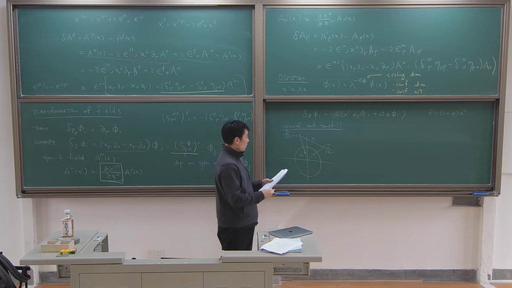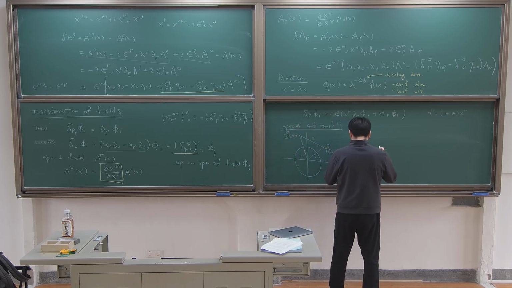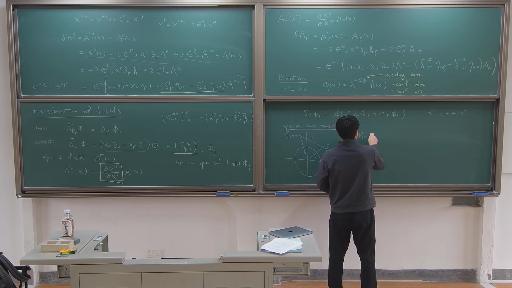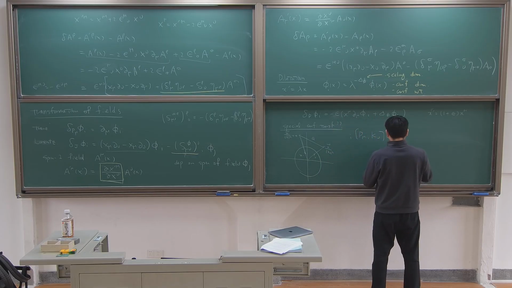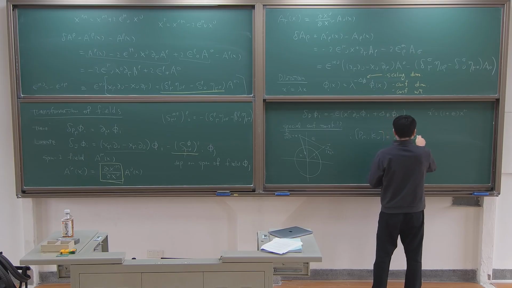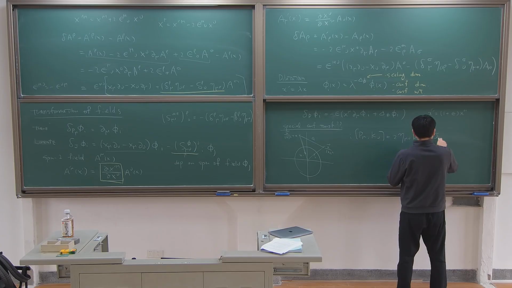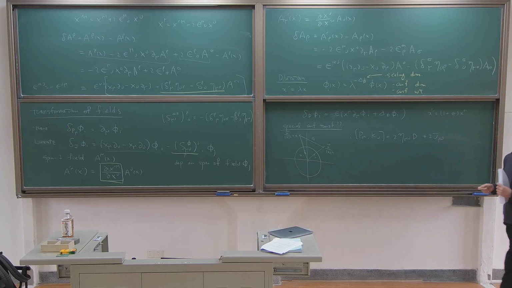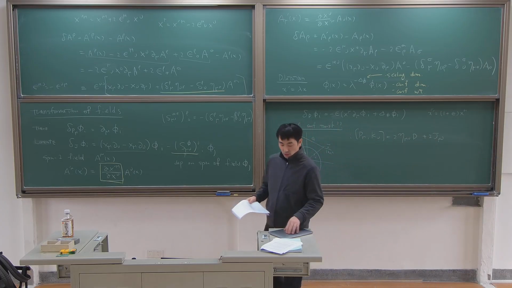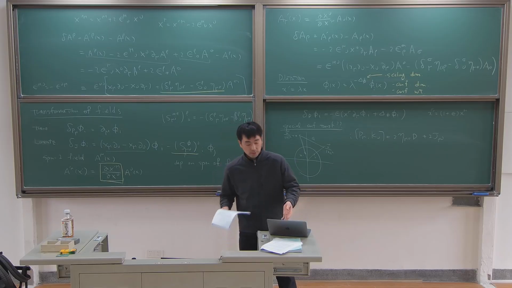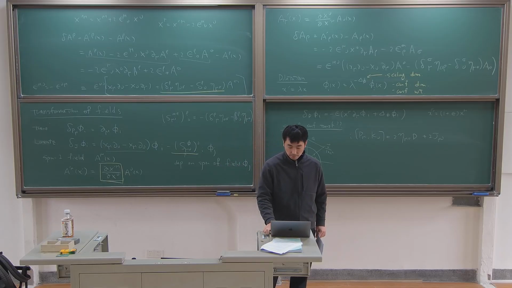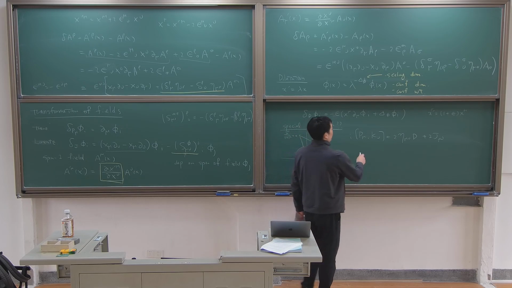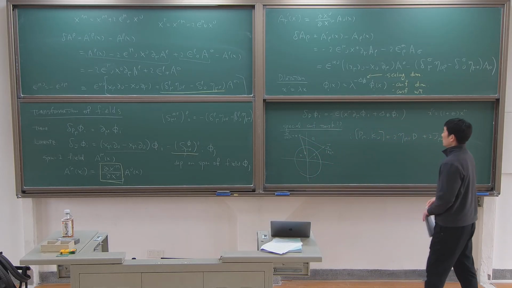So that is the global version of the special conformal transformation. As we recall, this is somewhat related to the following fact. To see the transformation, we can use this fact. Last time I introduced the commutation relations, the conformal algebra, and the commutation relation between P and K is given in this form.